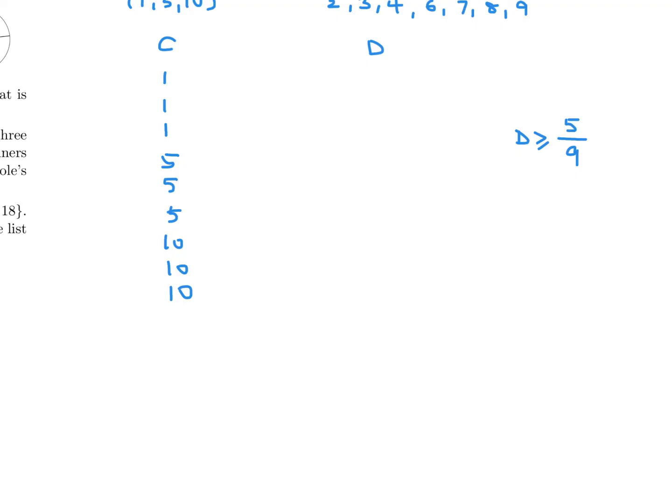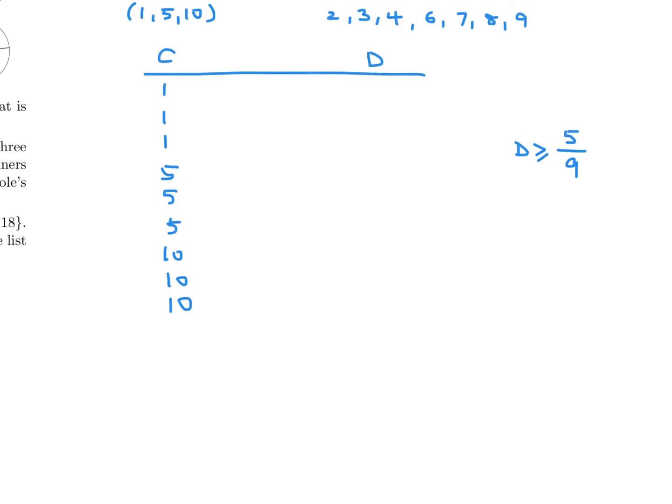I think there's a couple of scenarios. The first scenario is if all 3 of Darsh's numbers are greater than 5.